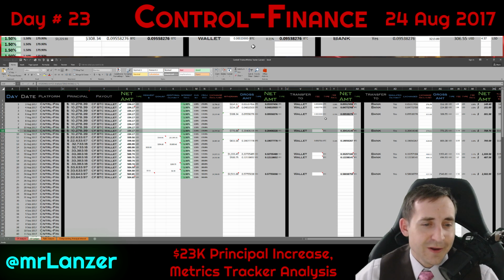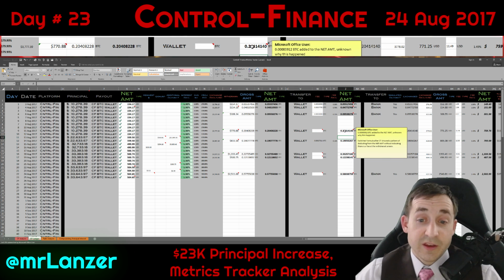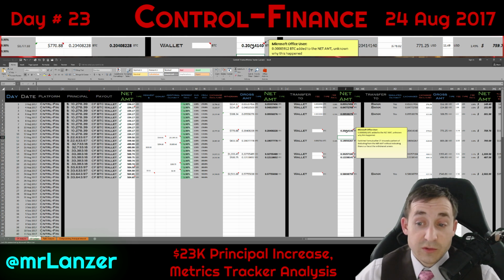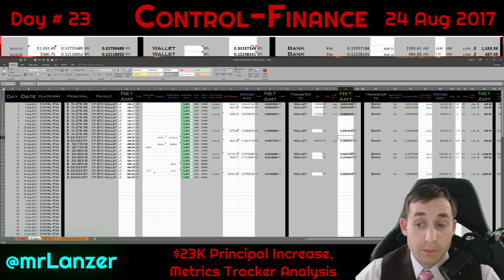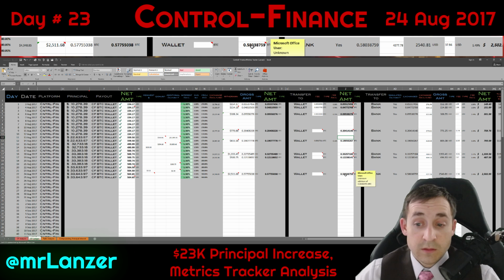Interestingly enough, on day 9, I put in the amount and came to find out that not only was there a different amount, but instead of a decrease from what Control Finance sent, there was an increase, which was very confusing. That increase was worth 0.00005912 Bitcoin. It happened again and again.